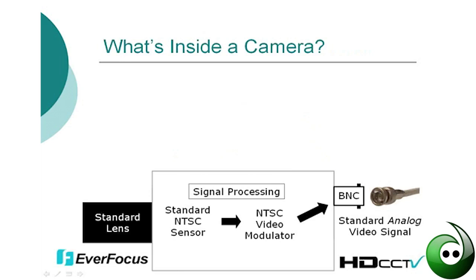Let's compare what's inside a standard def camera with an HD camera. A standard camera that we're used to all these years has a standard lens, a standard sensor, does some signal processing, has a video modulator, and out of the BNC comes a standard analog video signal, whether it be NTSC or PAL or SECAM.